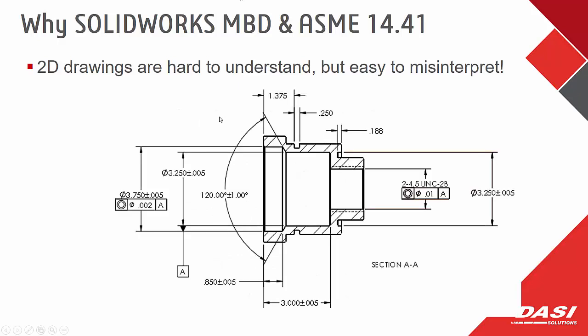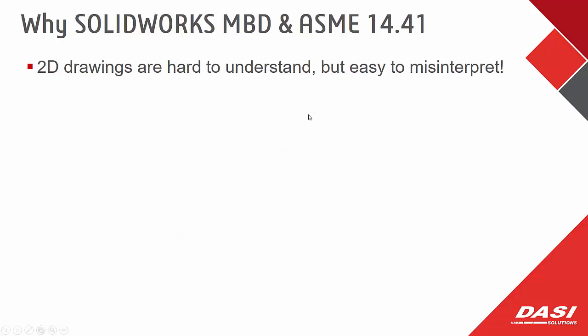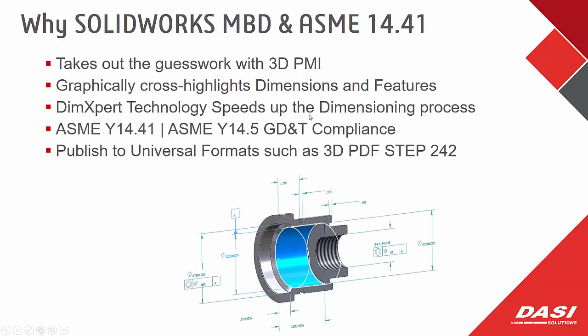And I think the same thing goes for drawings. Typically, these get printed out, and the scale may get distorted, and in more complicated drawings it's hard to see exactly where the dimensions go and the features we're trying to define. And that's where SOLIDWORKS MBD clarifies a lot of this. It takes a lot of the guesswork out.